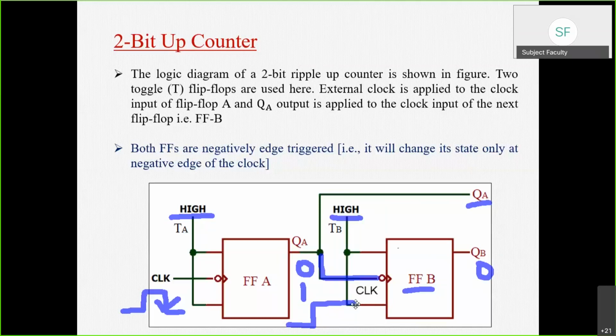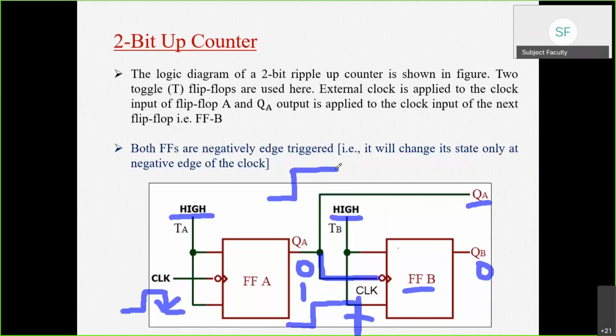You need this negative change, okay? With this negative change the flip-flop will change its state. Since there is no negative edge right now, because the value of QA was 0 and it becomes 1, there is no change.